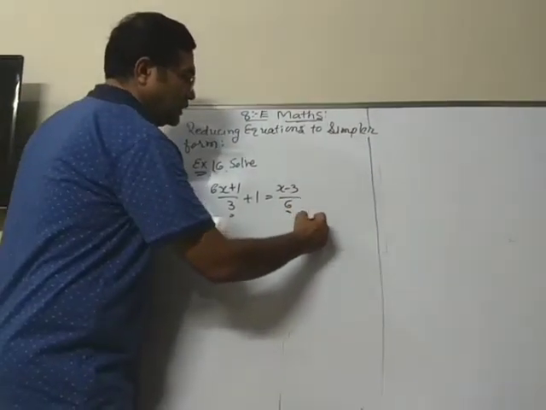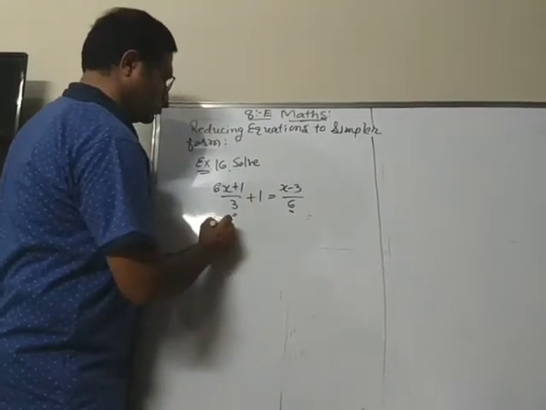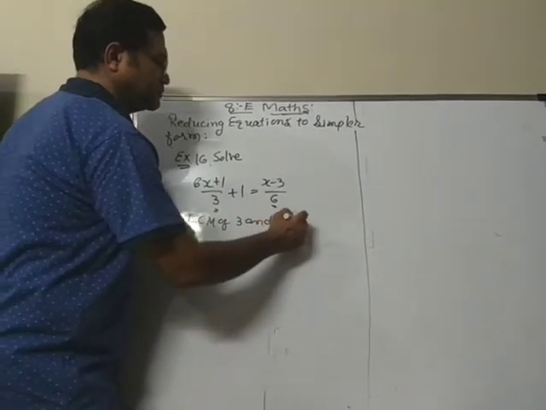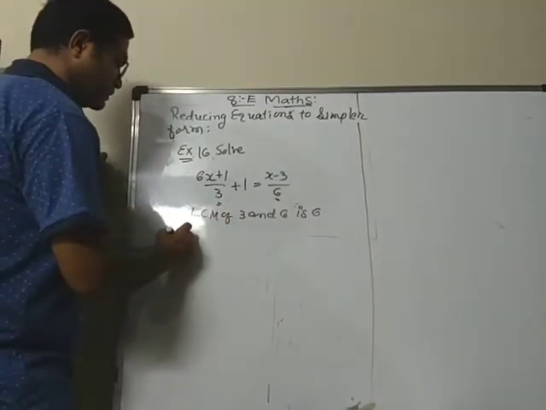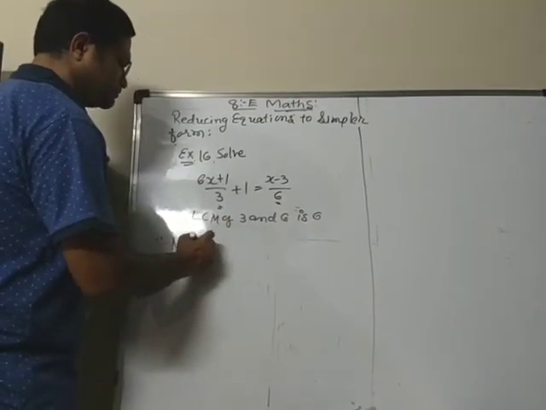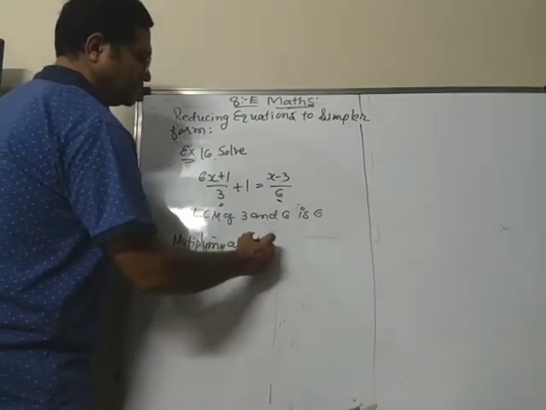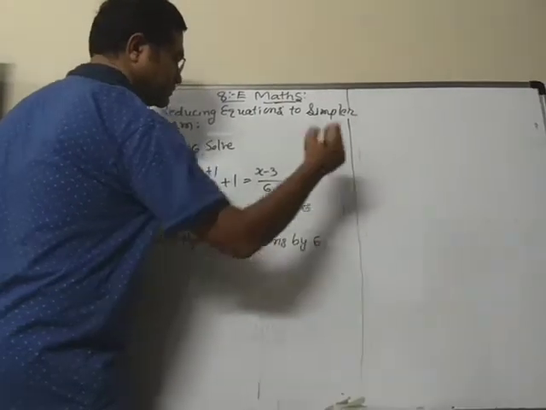So now the LCM of 3 and 6 is 6. Therefore, we will multiply all the terms by 6.